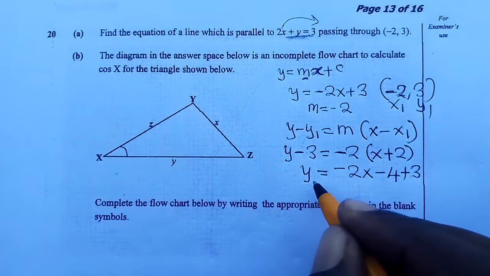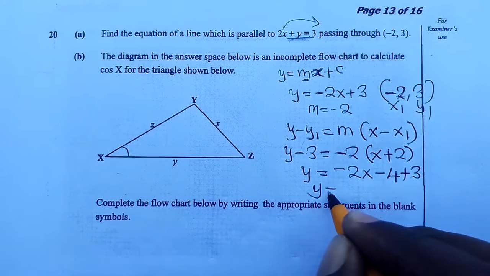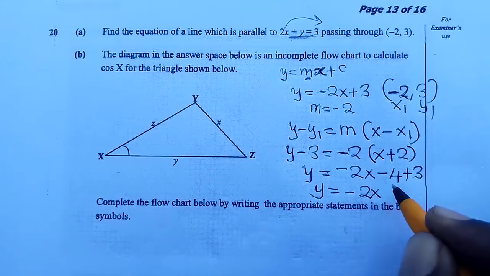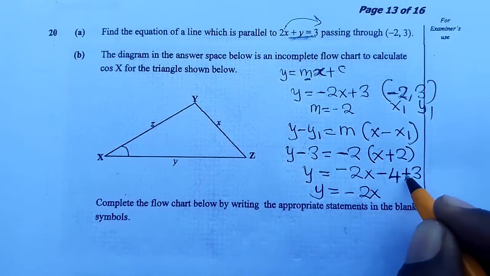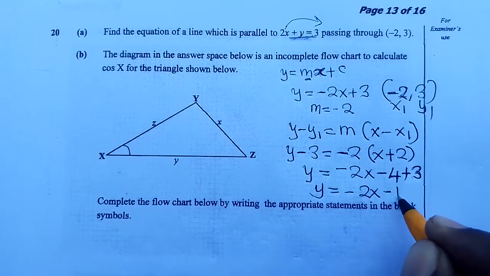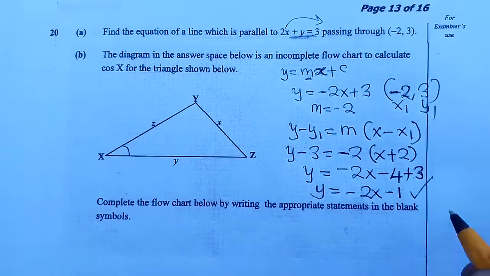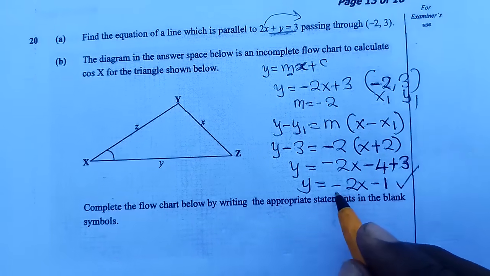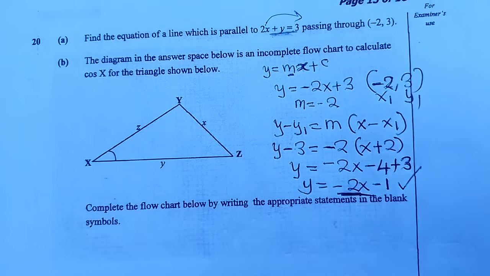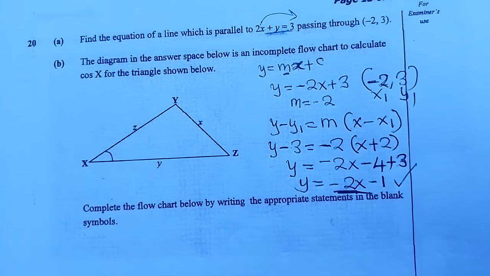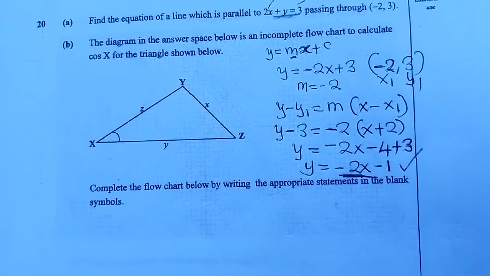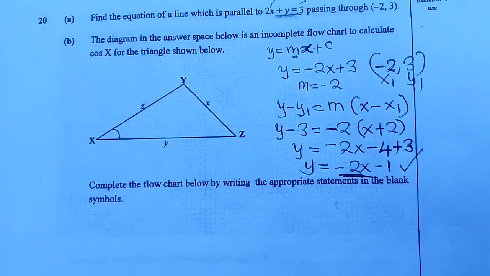Then finally, the equation is y is equal to negative 2x, negative 4 plus 3, which is negative 1. So this is your equation. This is how you need to answer it.